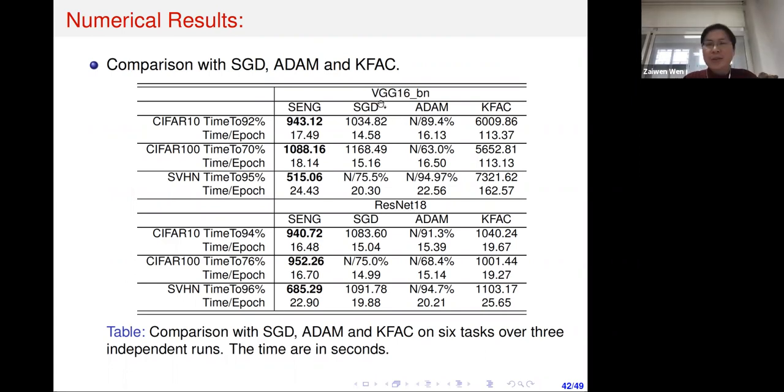On VGG, we can say our method is faster than SGD with momentum, and also faster than Adam. The performance of KFAC is not good because on this architecture, the size of the matrix to invert is quite large.